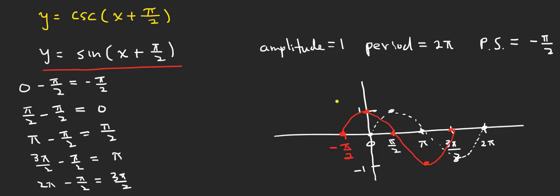So what's going to happen is that there's going to be vertical asymptote at the x-intercepts of sine of x plus pi over 2. So let's draw vertical asymptotes. Okay, now you know that the cosecant is going to go upward at maximum.